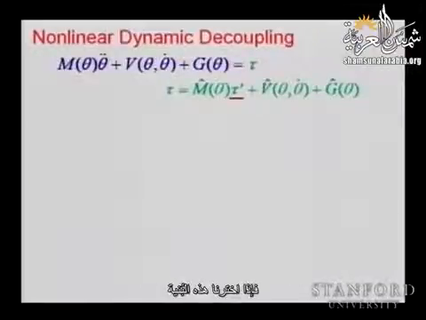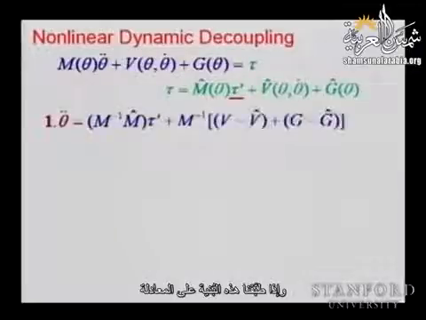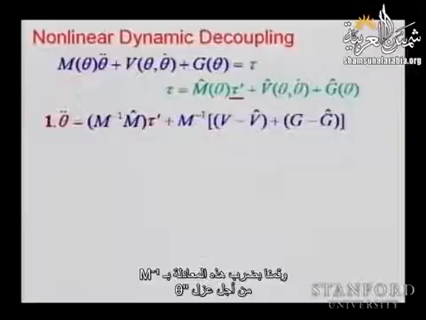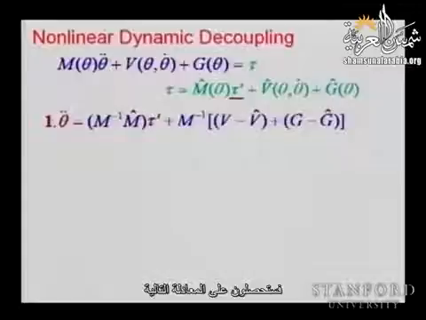So if we apply this structure to the equation, and multiply this whole equation by M minus 1 to bring theta double dot out, what you obtain is M minus 1 M hat torque prime plus M minus 1 (V minus V hat) plus (G minus G hat).